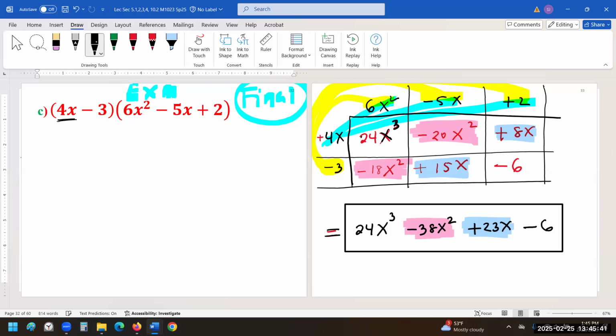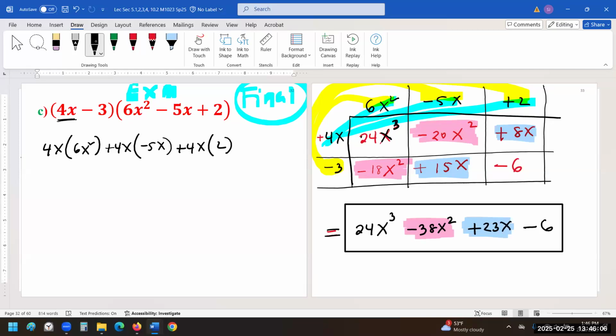Traditional method. You take one term from the left and multiply every term on the right. So 4x times 6x squared plus 4x times negative 5x plus 4x times 2. So take one term, multiply everything.